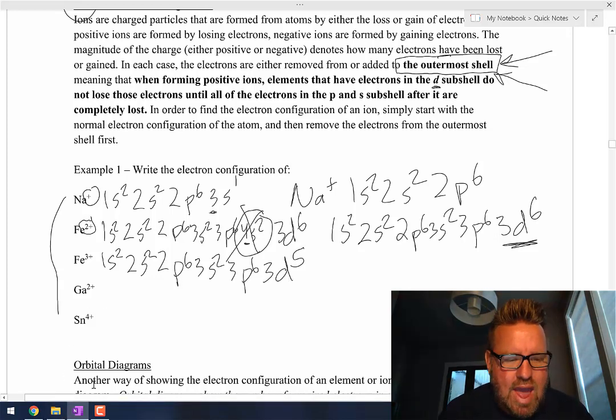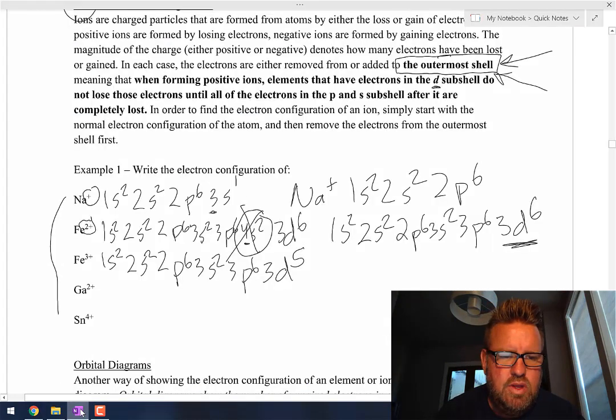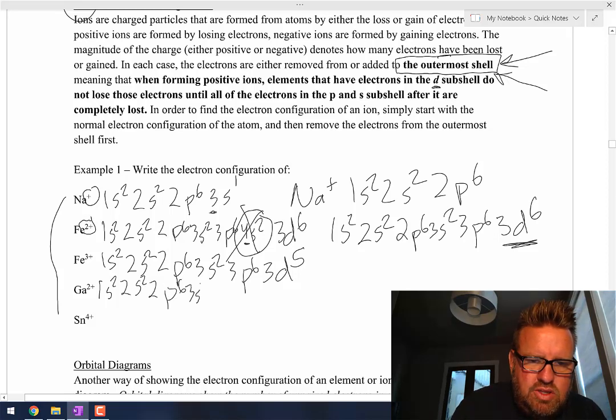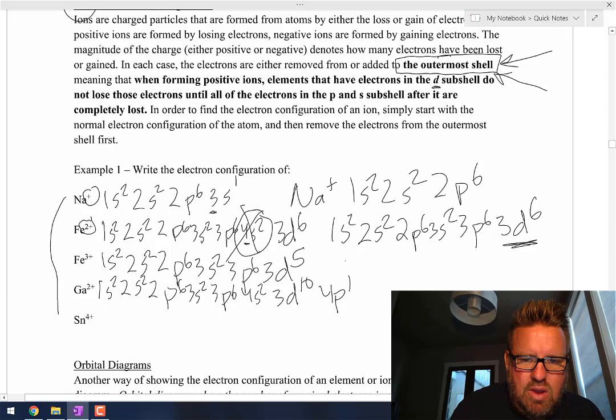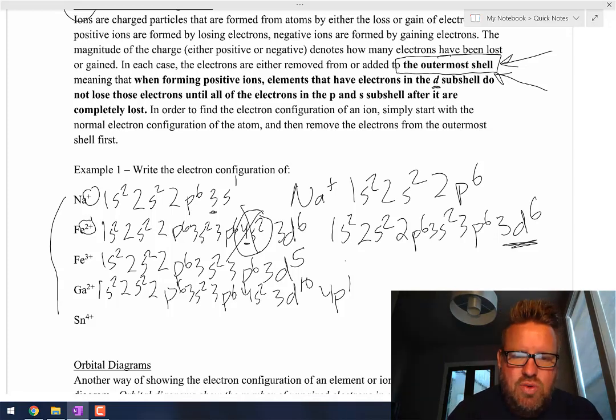For gallium, gallium is number 31 right here on the periodic table. Regular gallium is 1s2, 2s2, 2p6, 3s2, 3p6, 4s2, 3d10, 4p1. Now gallium with a +2 charge means we have to take two electrons away. Again, what's our outermost shell?